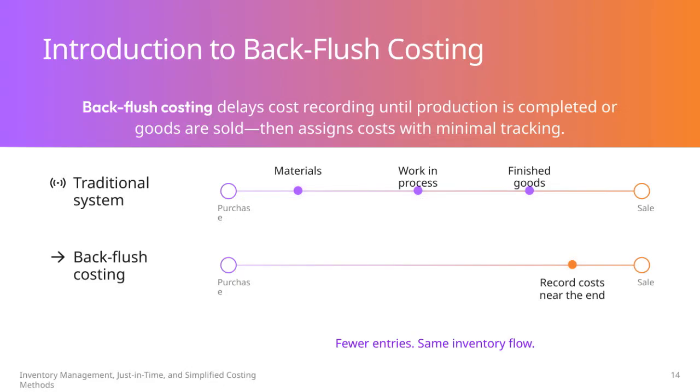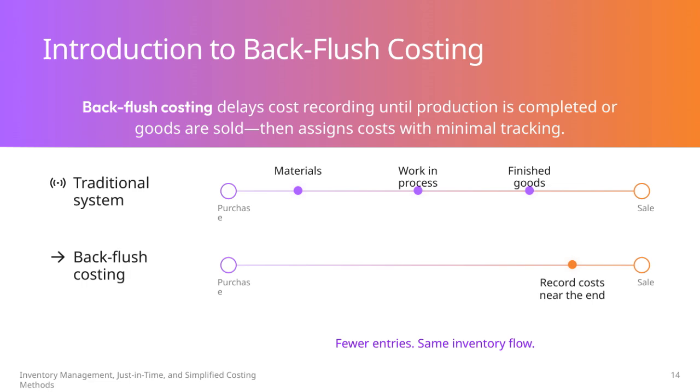Now let's talk about backflush costing, which is a method that delays recording costs until production is completed or the goods are actually sold. Unlike traditional costing systems where costs are tracked closely at every stage, like purchasing materials, work in process, and finished goods, backflush costing simplifies this process by assigning costs near the end, reducing the number of accounting entries needed.